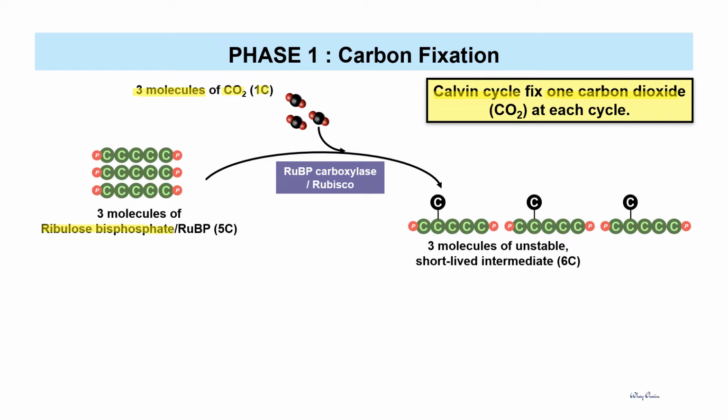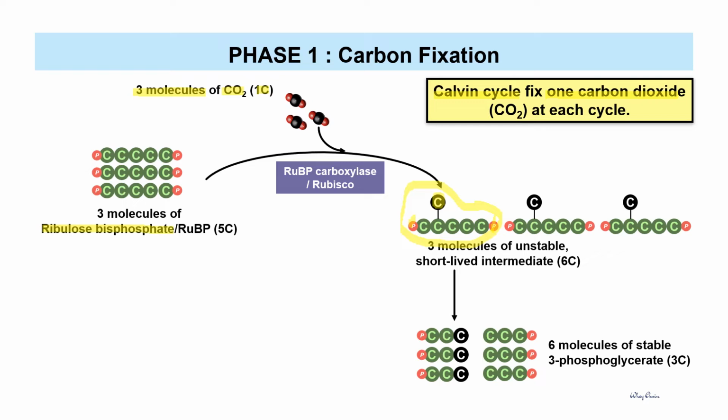Each 6-carbon compound has 1 carbon originating from the CO2. With the presence of 2 phosphate groups in one 6-carbon compound, this molecule is reactive and unstable. So immediately it will split into 3-carbon molecules, which are 3-phosphoglycerate.